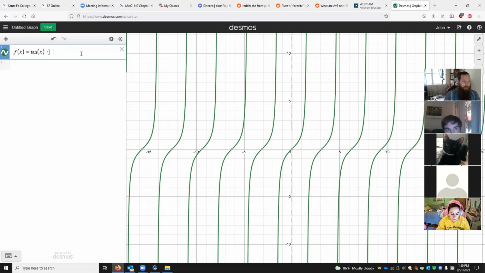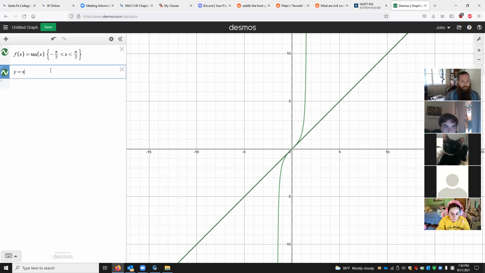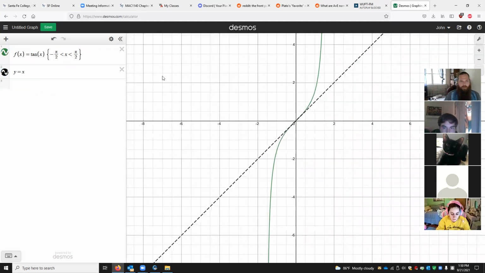But if I restrict its domain from -π/2 to π/2, that becomes a 1-to-1 function. And if I think about reflecting that function over the line y equals x, let's get it here in a different color, dotted, then I'll get the graph of the inverse tangent function.